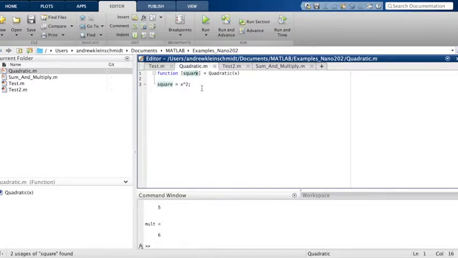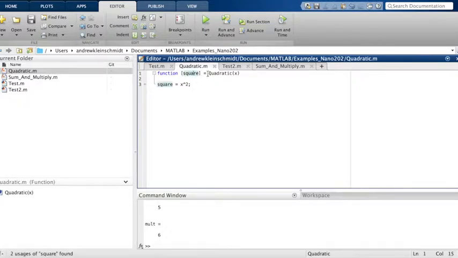In this case, we've only got one variable in here called square. So this list is all of the variables that at the end of the function it's going to give back. We call that what the function returns. So in this case, we're just giving back one variable, which is called square.